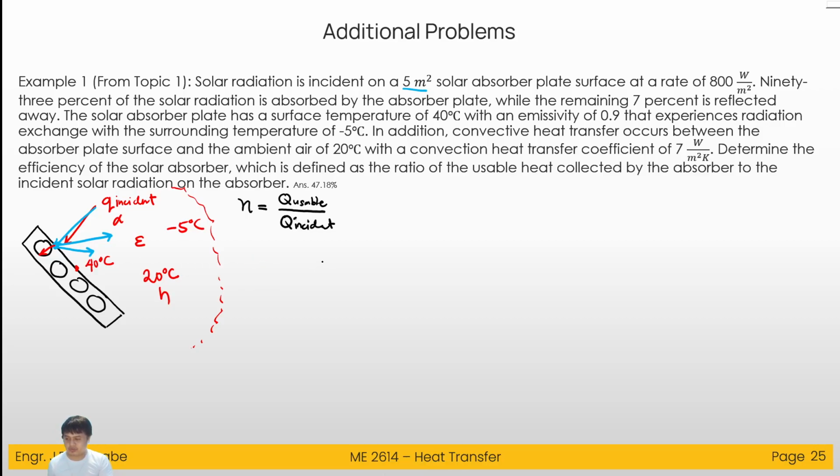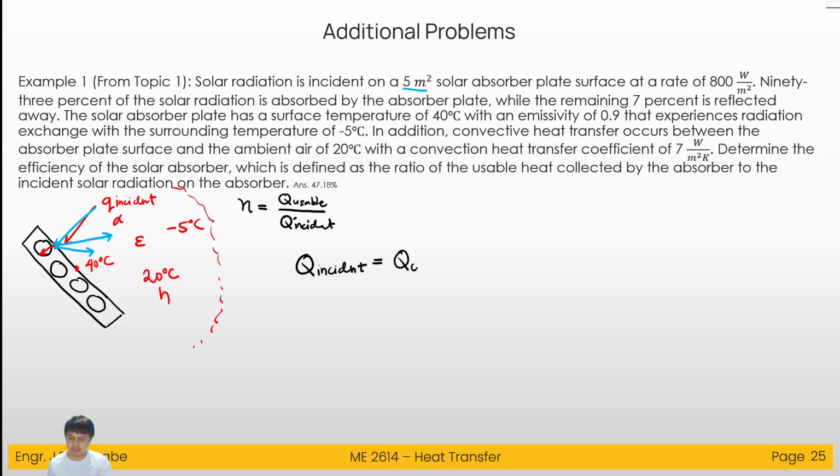Imagine what goes into this node. You have the Q incident, and that is the only one going through the surface. Everything that goes in is equal to everything that goes out.